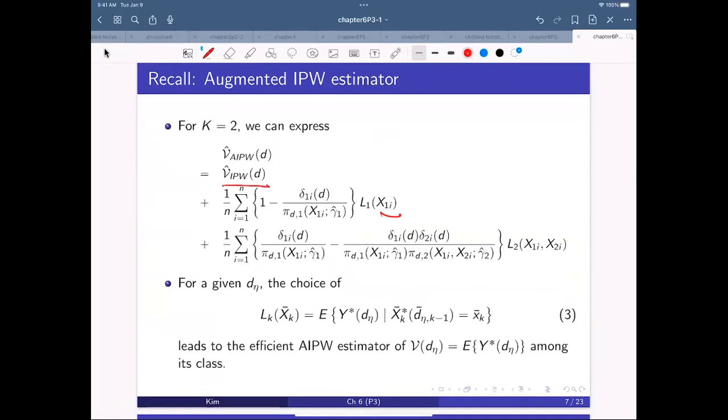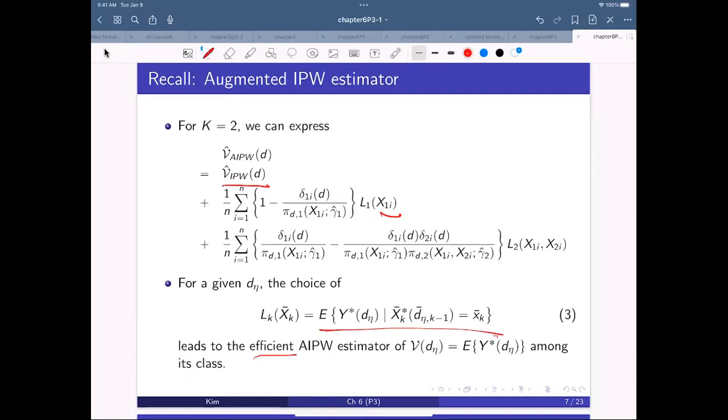And then, using semi-parametric efficiency theory on the monotone missing data, we can obtain the optimal efficient IPW estimator. That is the known solution for the case of optimal monotone missing.